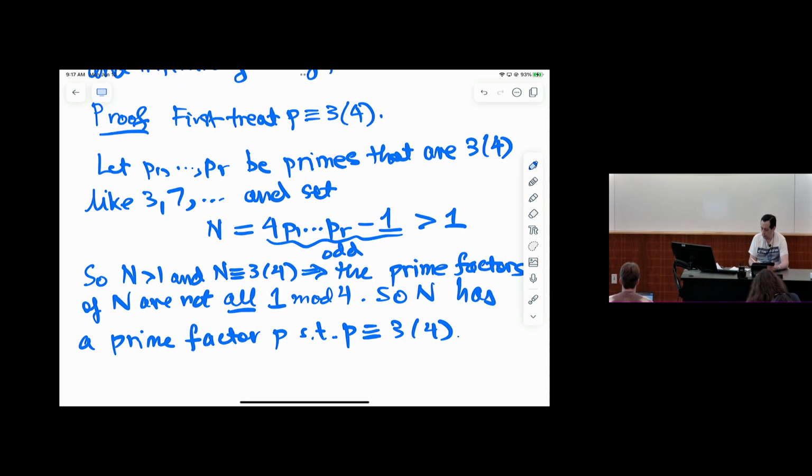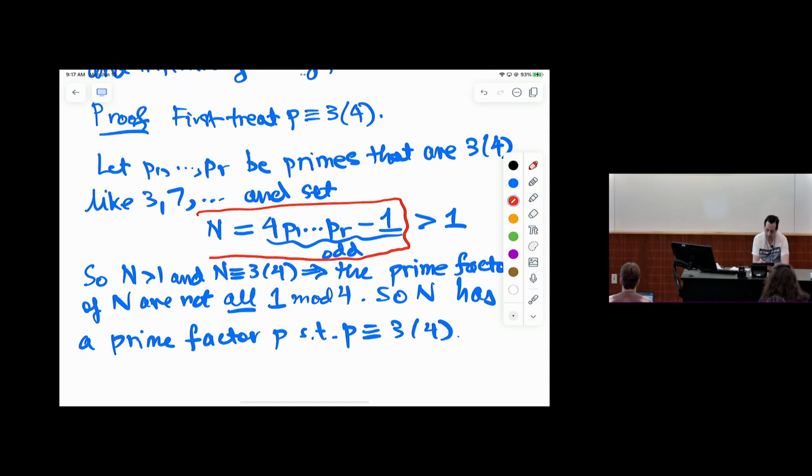And so with this prime, if you look at the nature of this number n, given how it is presented to us, certainly P is not one of the PIs. The PIs don't divide n.